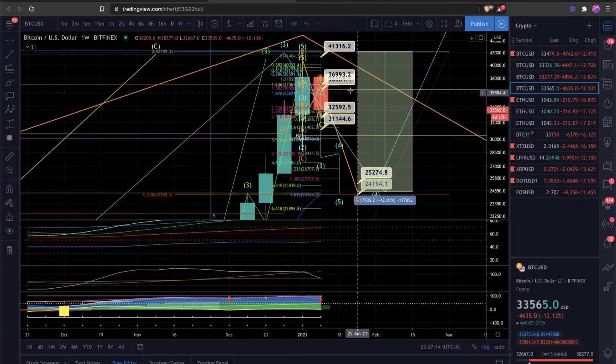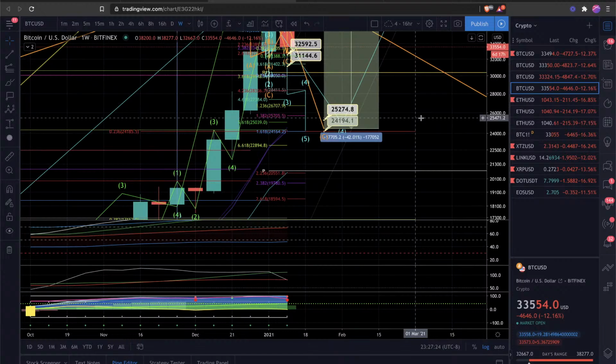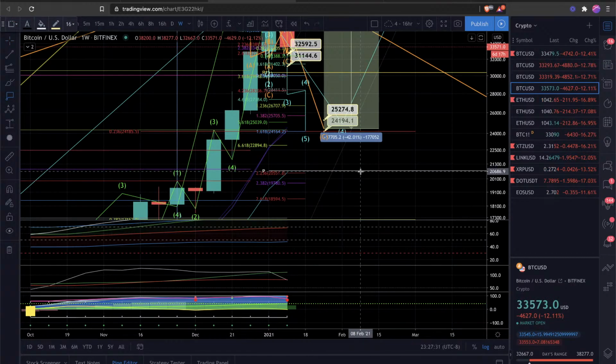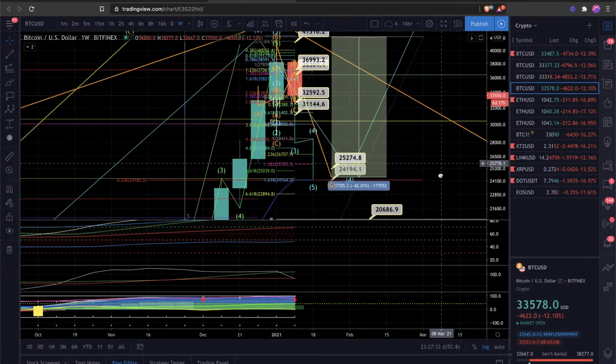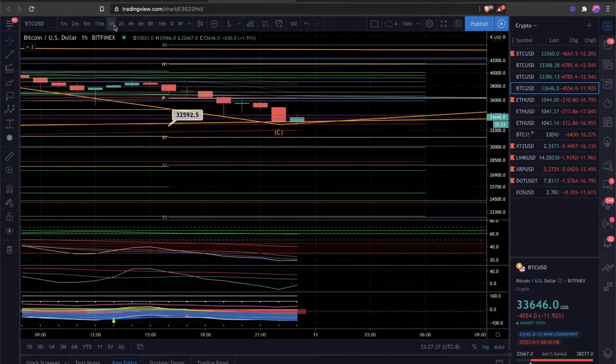So yeah, really in that same spot for that R2, 36.2. That looks like a great spot to bounce up to. Bounce up to the R2, and then we have the pivots below it. Pivot is down here at 20.7. I'll throw a tag on it, but I wouldn't see us getting down quite that far. All right, so let's go back into the smaller time frame here and take a quick look at it.